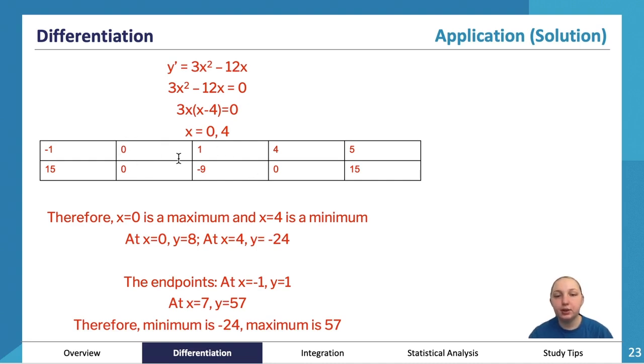So we've got 0 as our first stationary point and 4. And we've picked -1 as the lower number to 0, 1 as the higher number to 0 and the lower number to 4, and then 5 as the upper number to 4. Substituting each of those numbers back into our first derivative equation, we'll get 15, 0, -9, 0, 15.